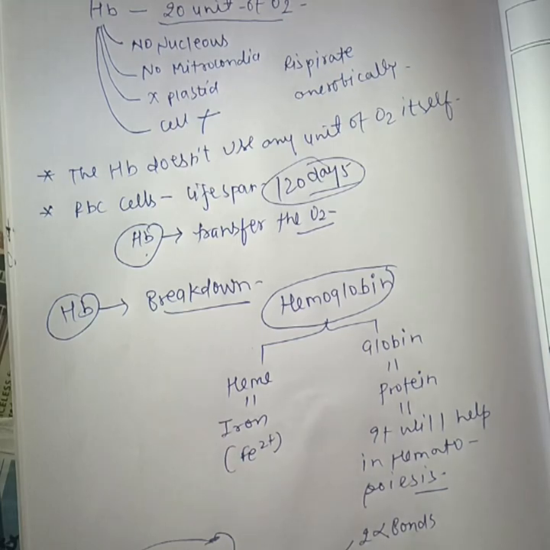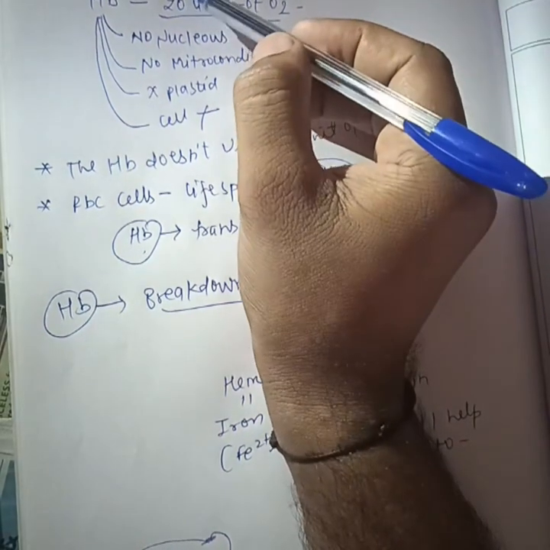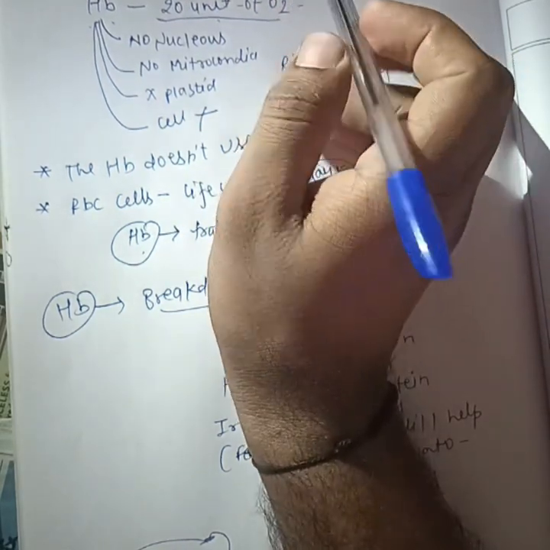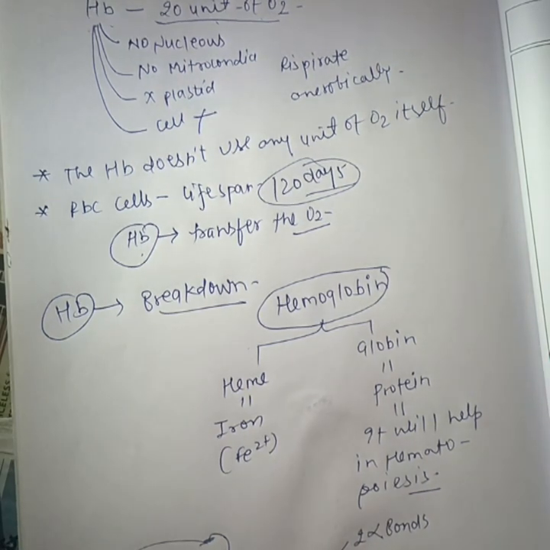Okay, so we have discussed the anatomy of the RBC cells. Next is the physiology of the RBC cells. But before going to the physiology, I think we need to discuss how the corpuscles are formed. Okay, so a quick recap करते हैं. Just imagine hemoglobin has 20 units of oxygen, but we all know that the hemoglobin doesn't use any oxygen.